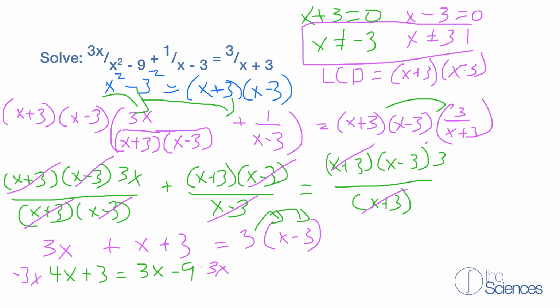So what we get is 4x minus 3x is x plus 3 equals negative 9. So now we're going to subtract 3 from both sides, and what we get is x equals negative 9 minus 3 is negative 12. So that's our answer.